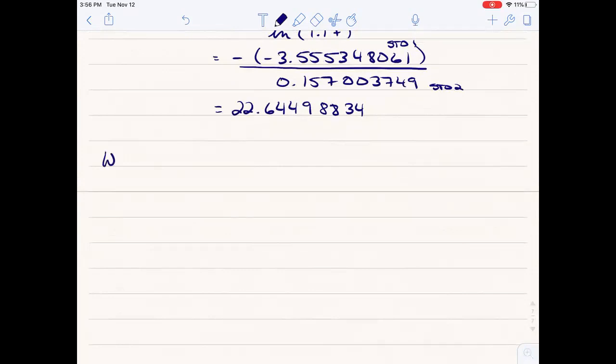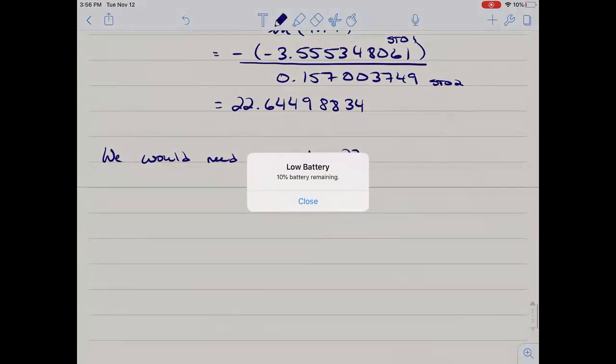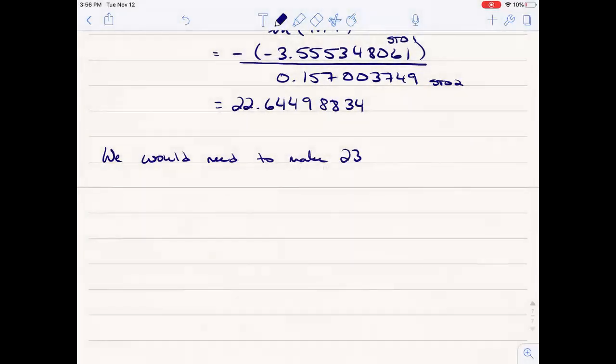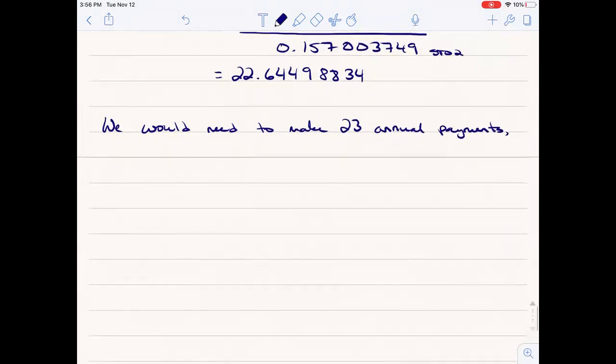So we would need to make 23 payments, or I should say annual payments. So it will take 23 years, I'll say, to pay off the loan.